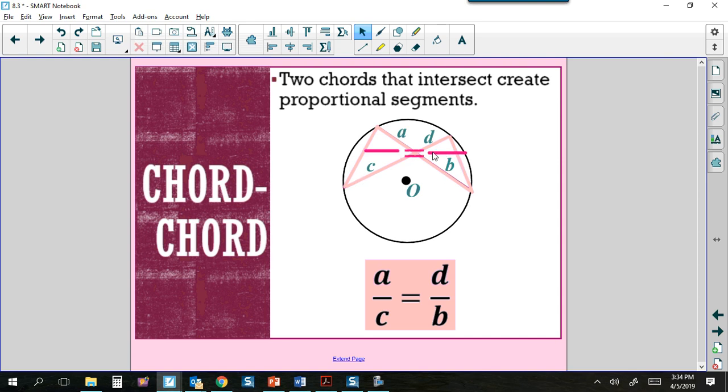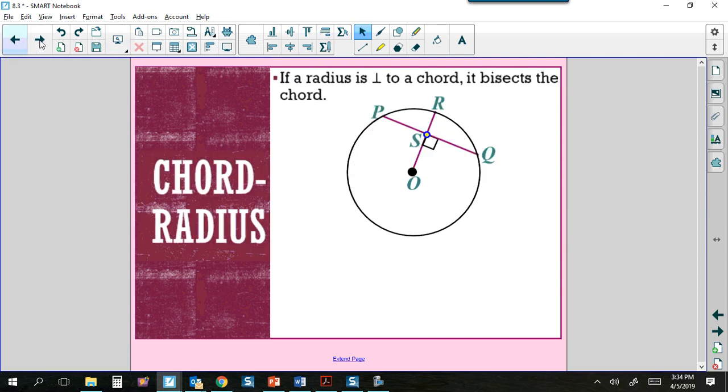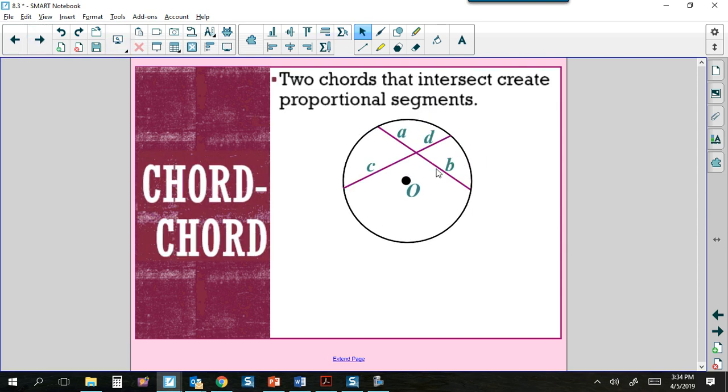Therefore these are similar triangles, and we remember from chapter 6 that similar triangles create proportional pieces. So A to C in this triangle would be the same as D to B in this triangle because of that similarity. Please notice, though, there aren't any triangles here, but if you were to create triangles, you can see that proportional or similar relationship between the two.